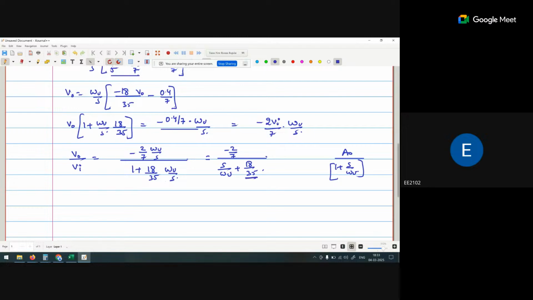So can I take 18 by 35 outside? So minus 2 by 7, 18 by 35 outside. So it becomes 1 plus s upon omega u by 37 by 18.